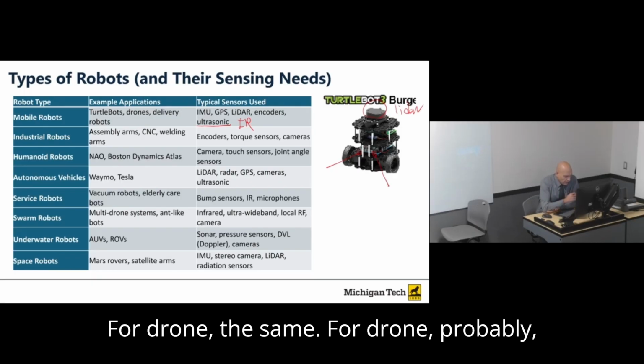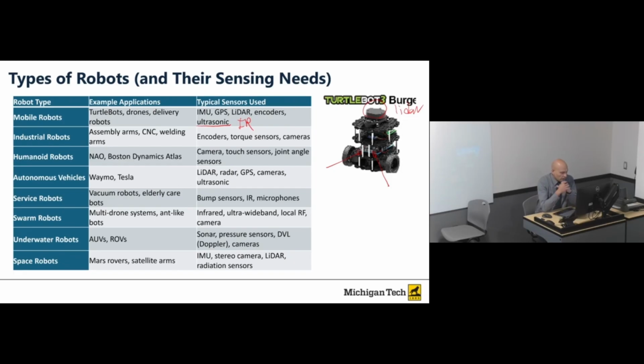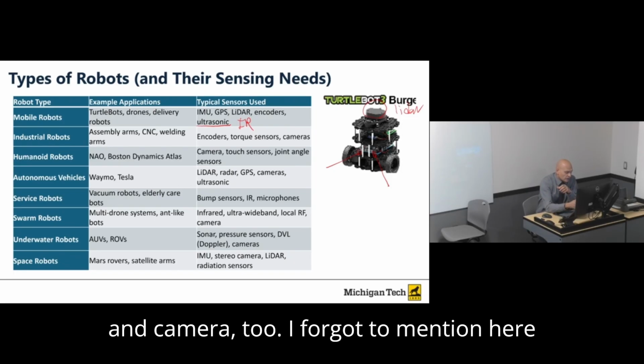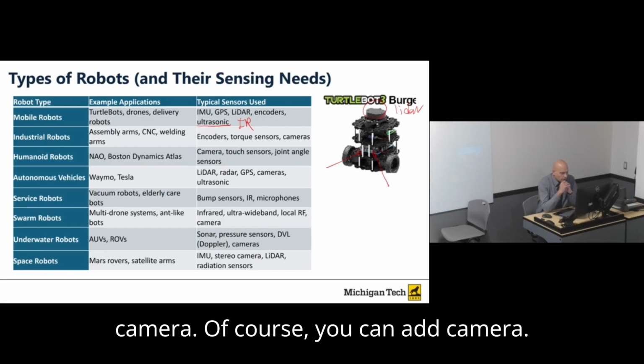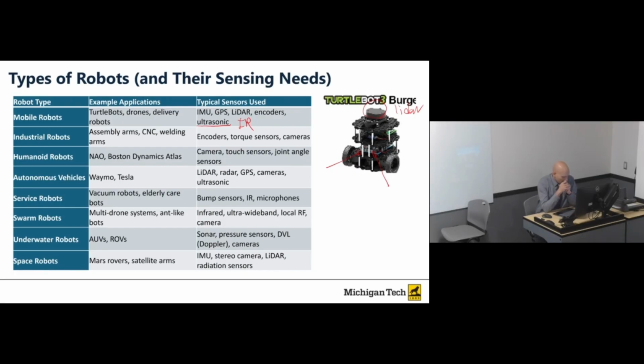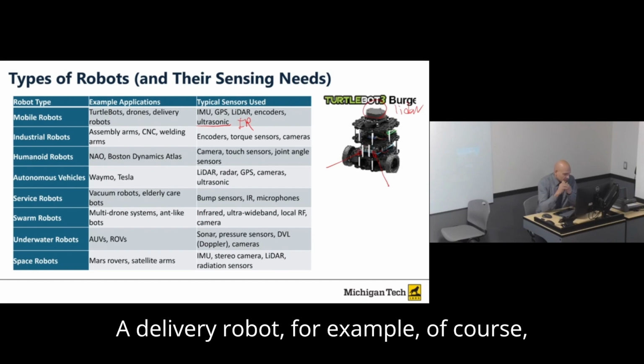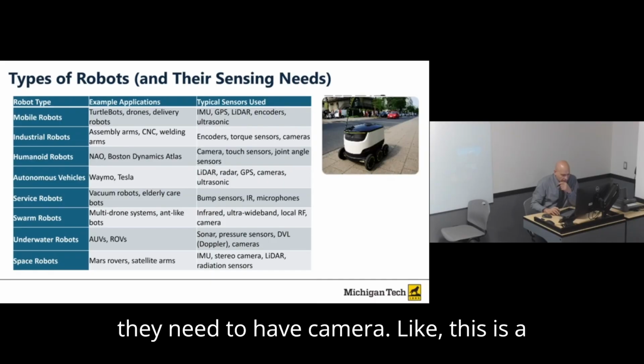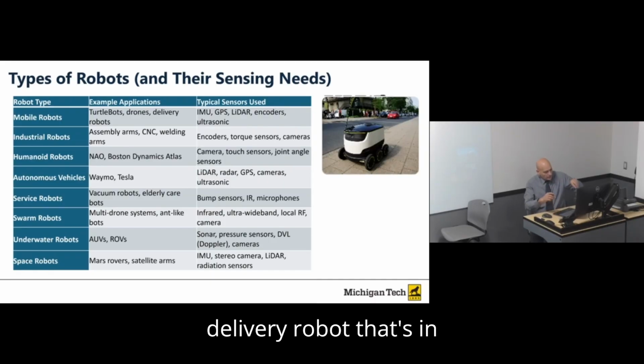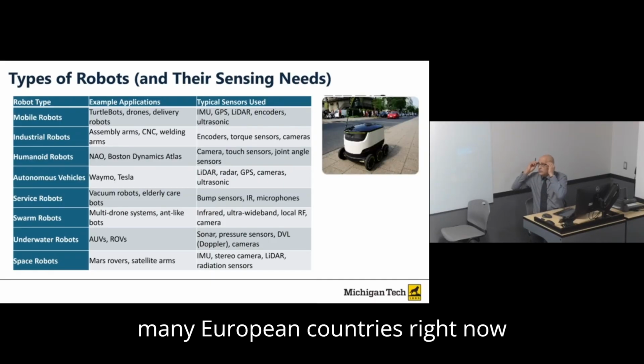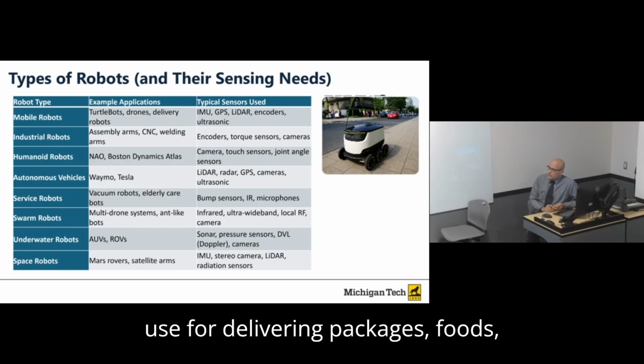For drones, the same. For drones, probably you need camera too. I forgot to mention camera here. Of course, you can add camera. The delivery robots, for example, of course, they need to have camera. Like this is a delivery robot that in many European countries right now is used for delivering packages, food.